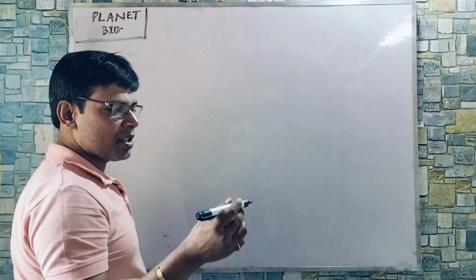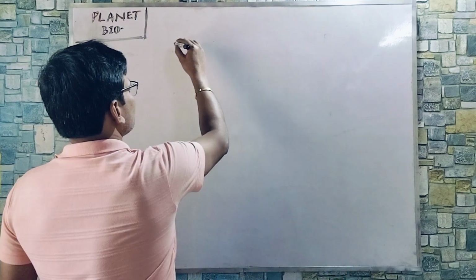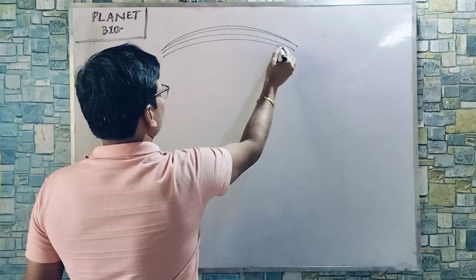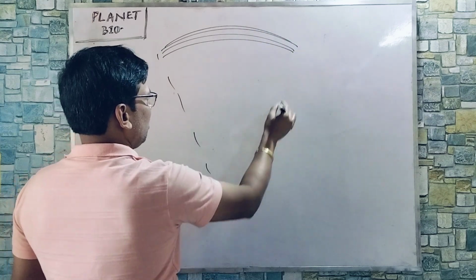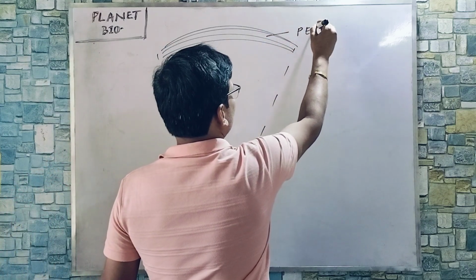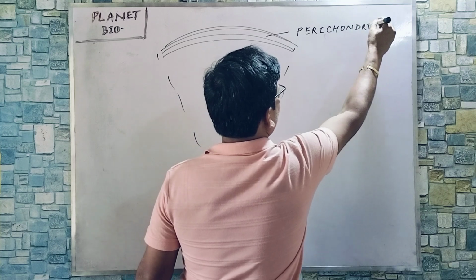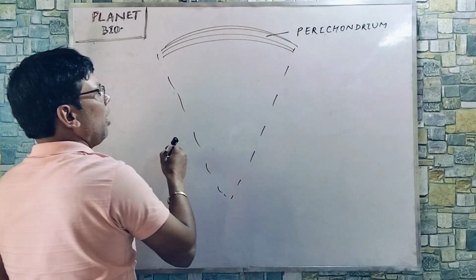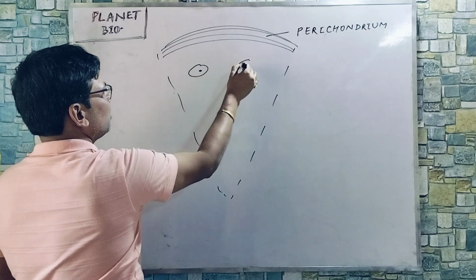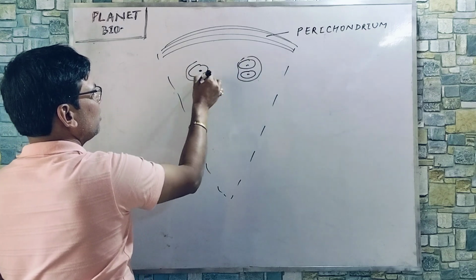Now, one question is asked, as you see, this is the section of a cartilage where you can find, this is going to be perichondrium. Perichondrium, the outer layer, and chondroblasts are present here. One, maybe two, like this, okay, in lacunae, right?